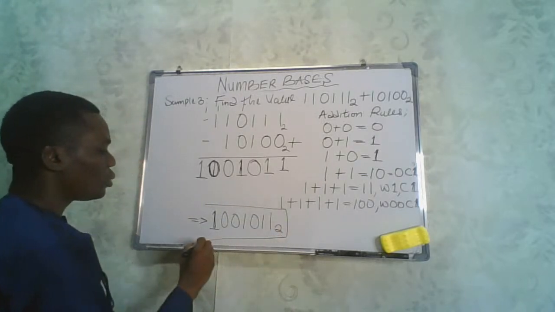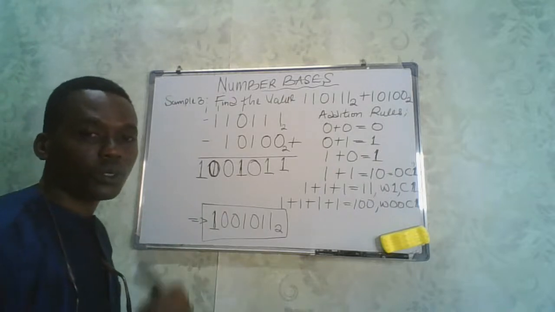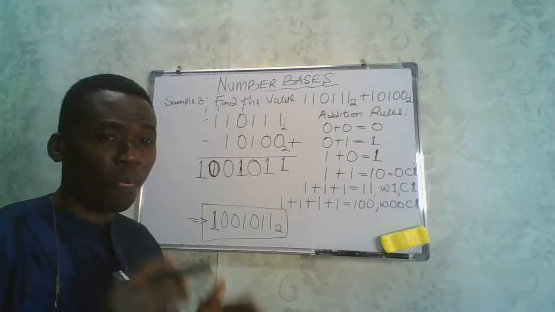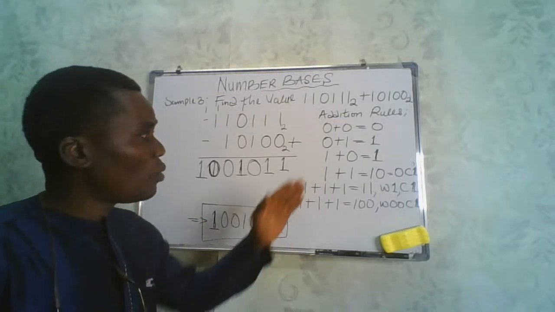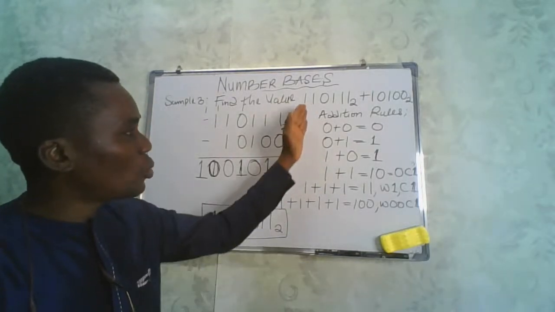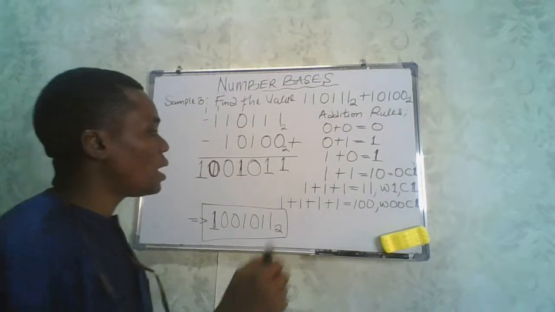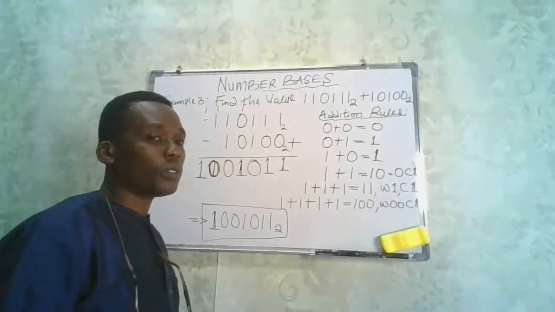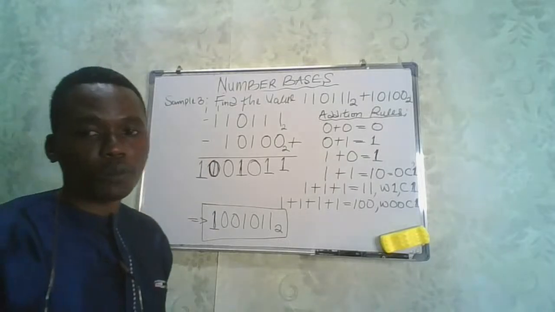And that is the solution to that question that is given to us. So you see, it's very easy. Now I want you to bear these addition rules at the back of your mind because you're going to need them when carrying out operations in addition.